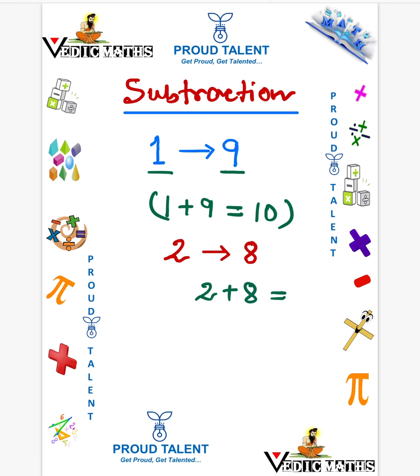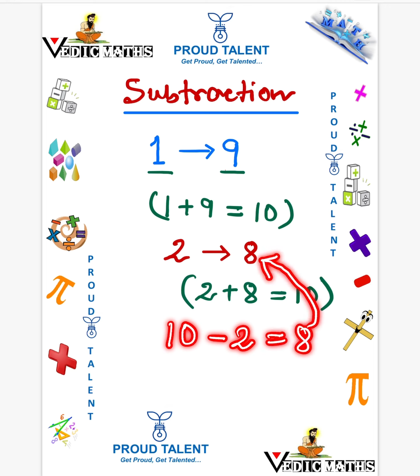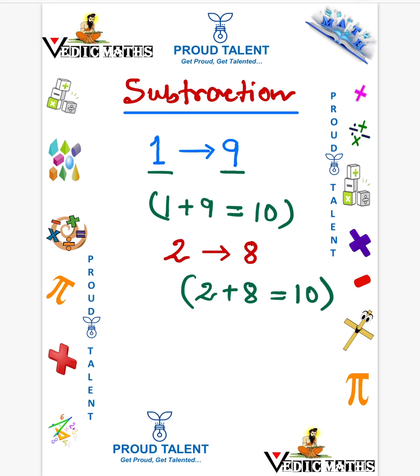So complement is nothing but the number you get if we subtract the number from 10. Similarly, the complement of number 2: we simply subtract it from 10. 10 minus 2 means 8, and you can see that the complement of number 2 is number 8. It is as simple as that.